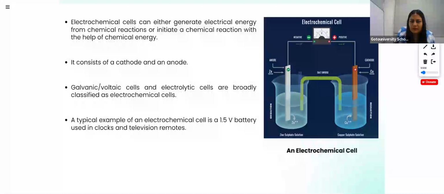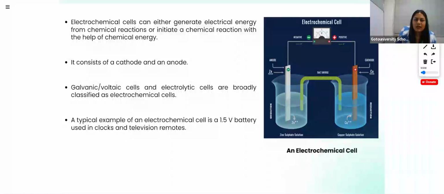And here we are seeing an inverted U-tube, which is called a salt bridge. We will study how this salt bridge is formed, and what are the main functions of this salt bridge. Okay, so this is a basic setup for an electrochemical cell. We are using the same metal solution for an electrode to dip in it.